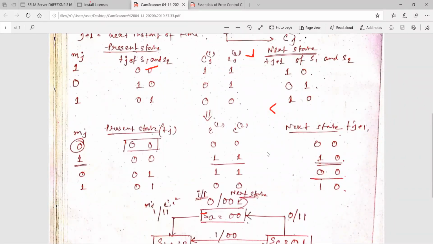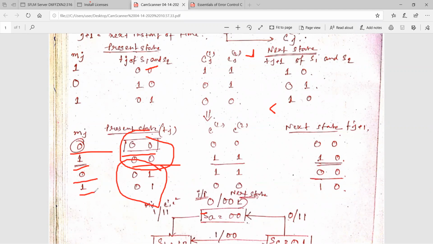Here you can see that this is what I'm telling you, that Mj equals 0. So we are assuming that 0 0 is the present state for each condition. That means for the 0 0 condition, we are assuming two message bits, which are 0 and 1. Again, for the 0 1 condition, we are assuming 0 and 1.